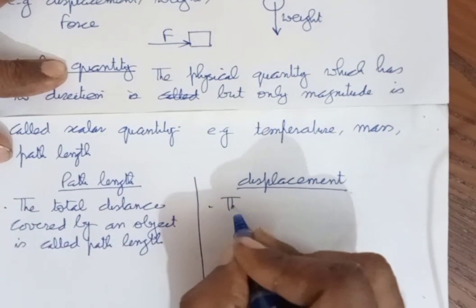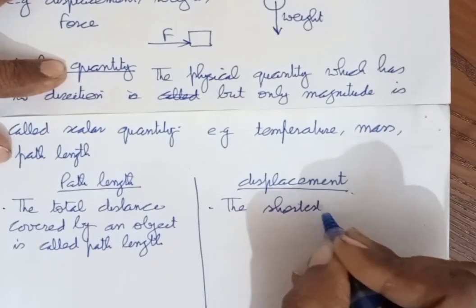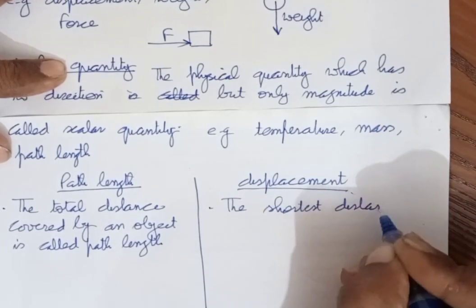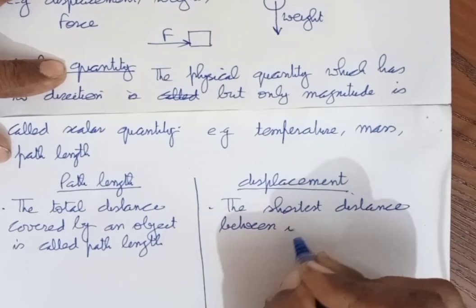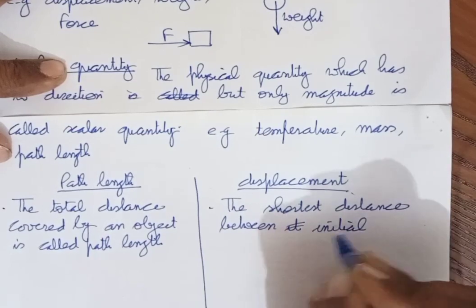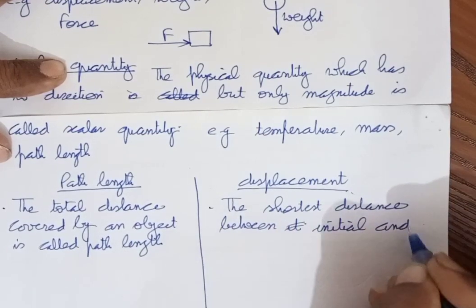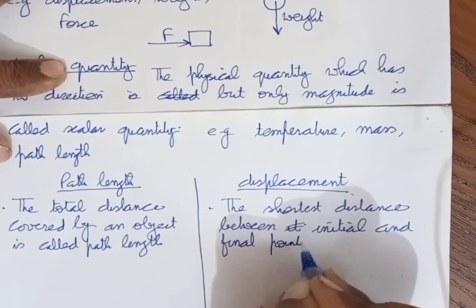The shortest distance between the initial and final point is displacement.